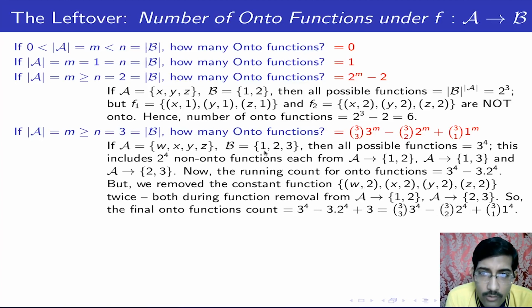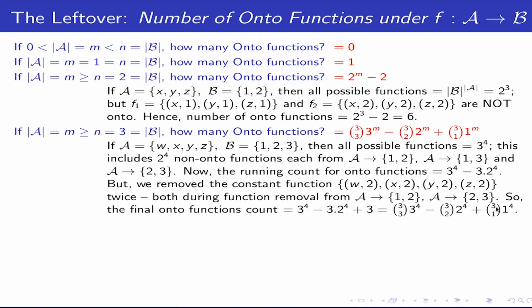Then we saw that single element functions are removed twice. So we have to add those, and single element functions from 4 elements are possible 1 to the power 4. That is only one constant function per single element. And there are 3 single elements. How to choose between 3 single elements?